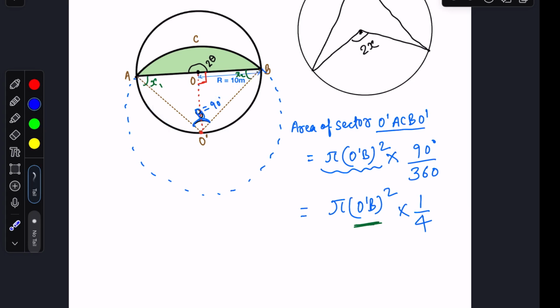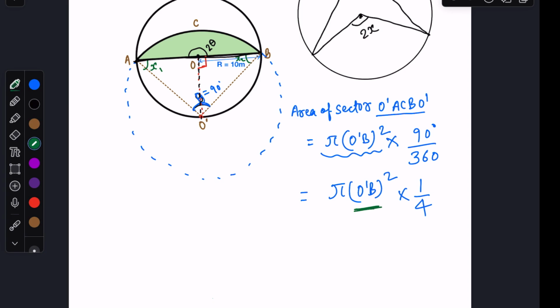That means O dash is the midpoint of AB. This is the only condition where the side O dash B will be equal to AO dash. So this O dash is perpendicular to AB. This is what I want to convey.